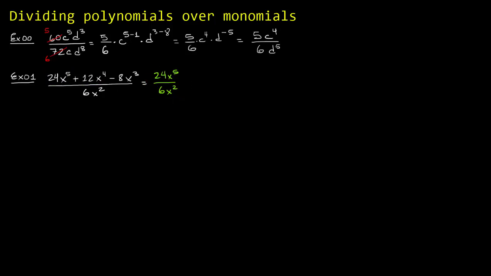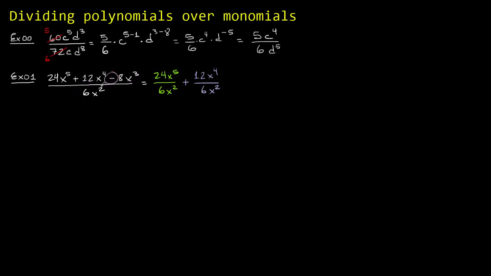Now with the next one, we've got to divide 12 x to the 4th over 6 times x squared. Both of them are positive, so it will be a plus, and then comes the fraction 12 times x to the 4th over 6 times x squared. Now we've got to do the same with the last one.